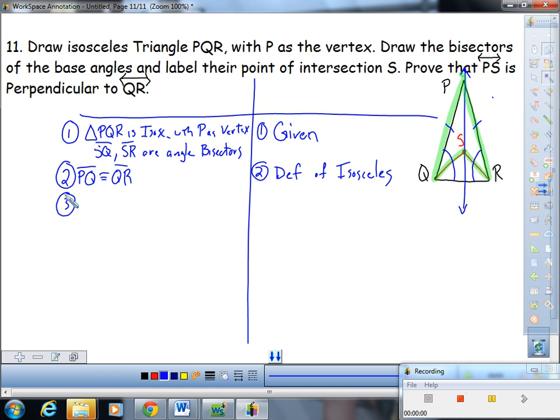Angle PQR is congruent to angle PRQ. If sides, then angles.